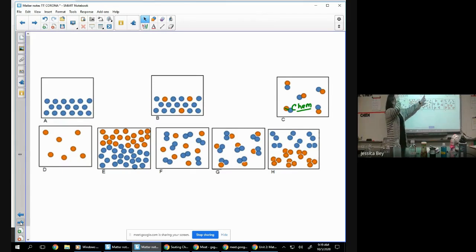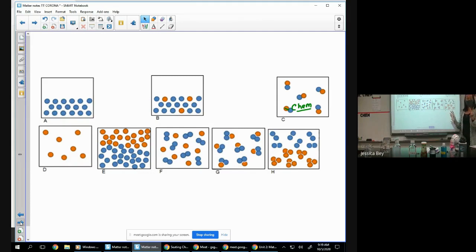If you're looking in here, and this one's a little challenging, can you see the other box that has everything touching in the exact same ratio? For instance, C has blue and red, blue and red, and nothing in that box except for blue touching red, blue touching red, blue touching red. Is there another box?